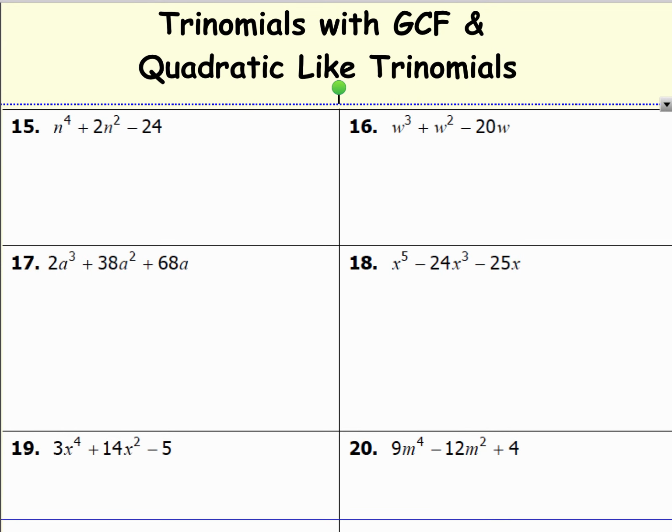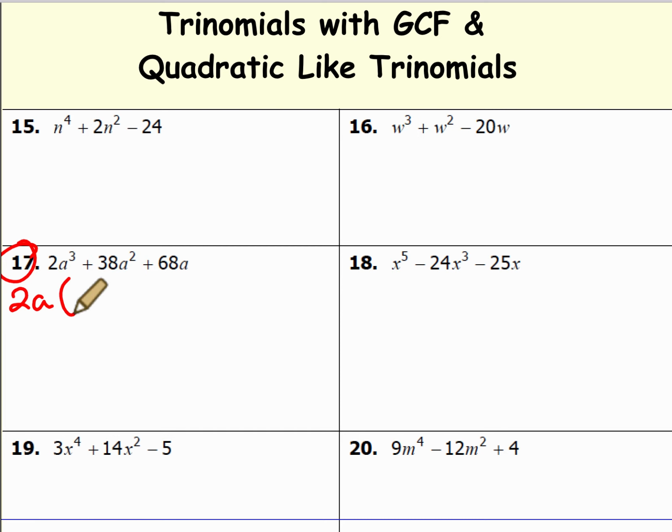Okay, and finally, we're going to be looking at trinomials that have a GCF or are what we call quadratic-like trinomials. So they factor the same way as we did with trinomials. First, remember, you always look for a common factor, like on number 17. Everything is divisible by 2, and everything is divisible by a.